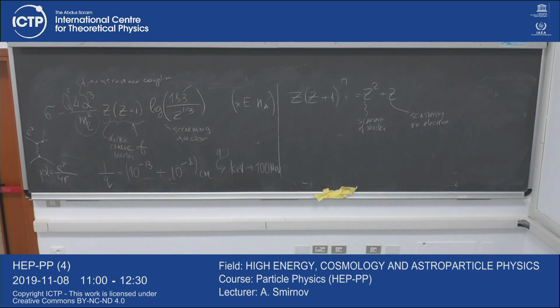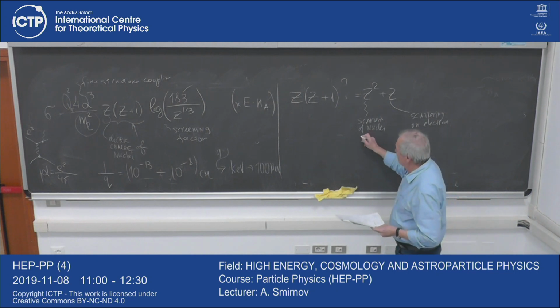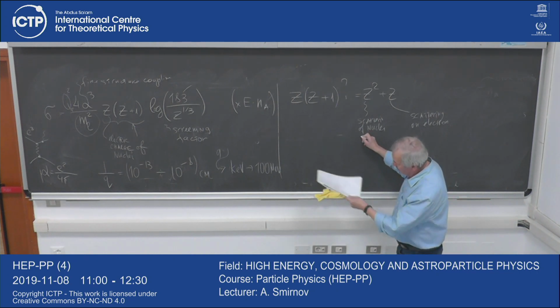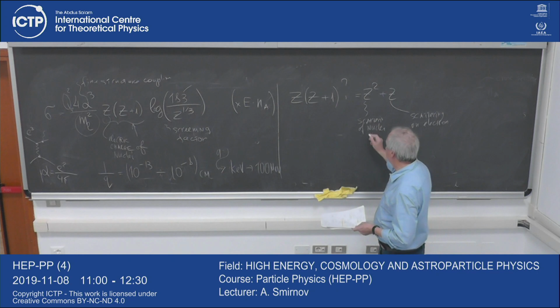So then why is it different? There is a difference between scattering on electrons and nuclei. Any guess? This is because in such a range of momenta, scattering on nuclei proceeds as coherent scattering.